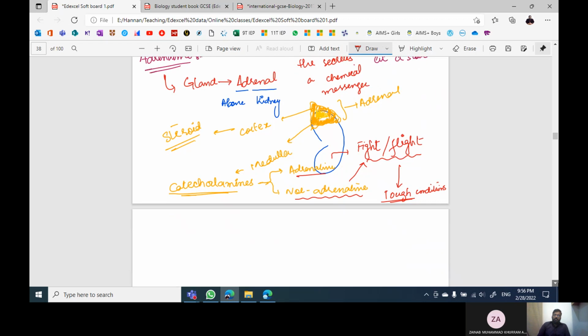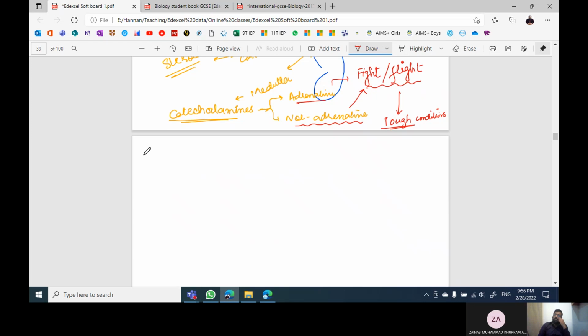Both these hormones, and there is a very beautiful word I read in a book, adrenaline and noradrenaline both work synergistically with each other. What is synergistic working?